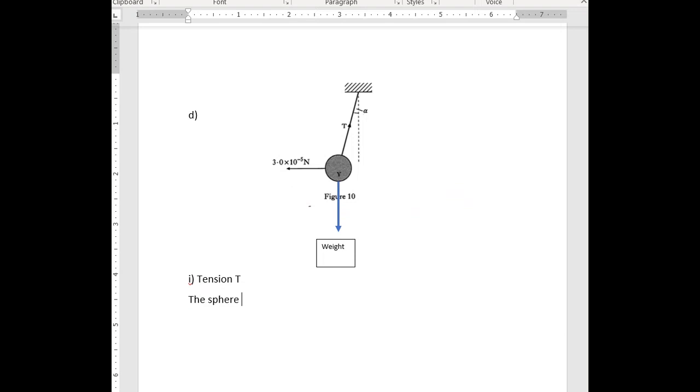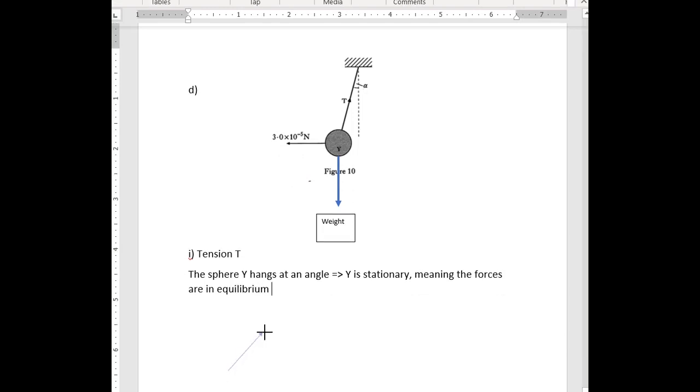Here, Y hangs at an angle, so Y is stationary, meaning the forces are in equilibrium, so we can break down the tension T into horizontal and vertical components.